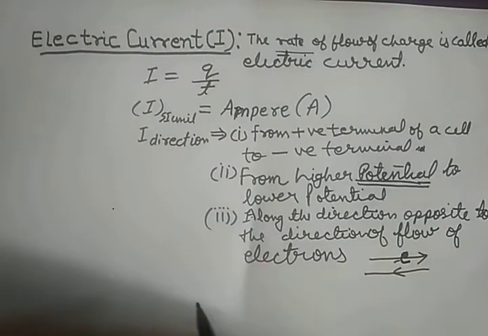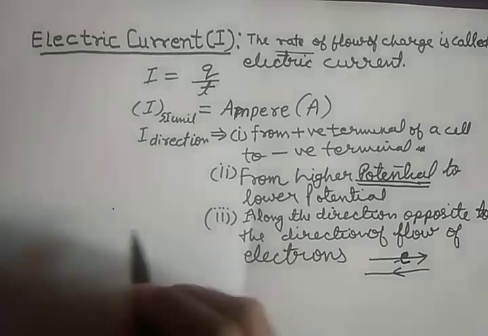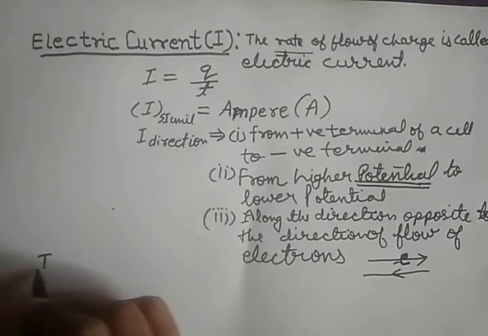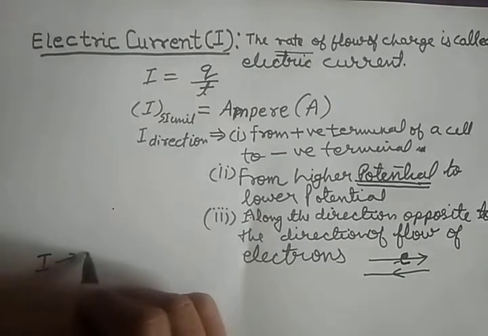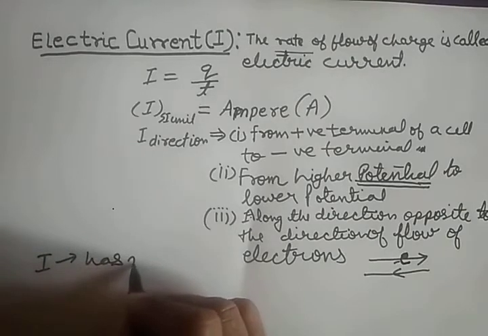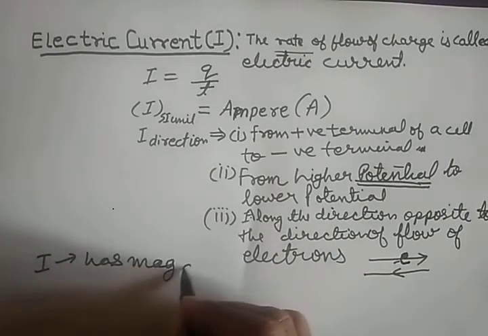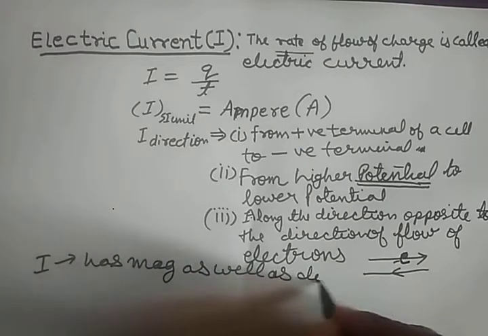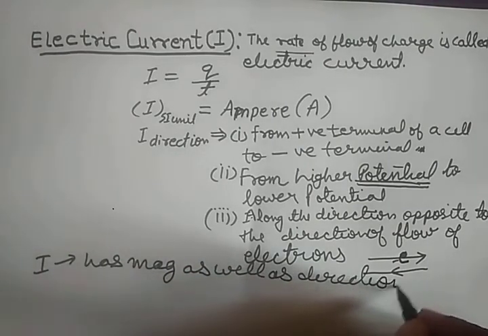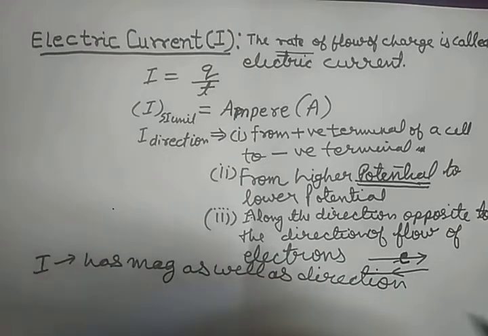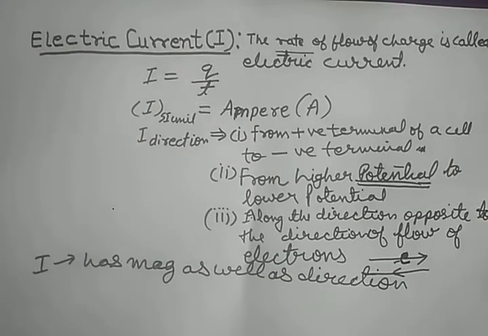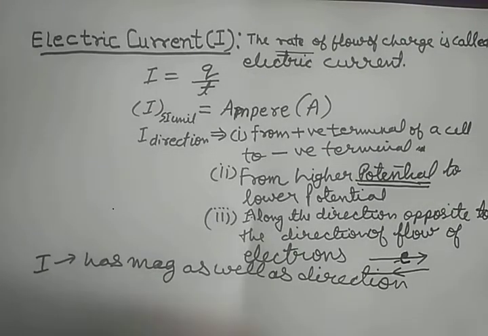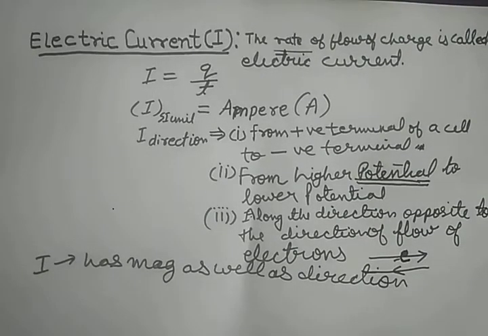One more important thing, current I has magnitude as well as direction. In your previous chapters, there was a concept of vectors and scalars.